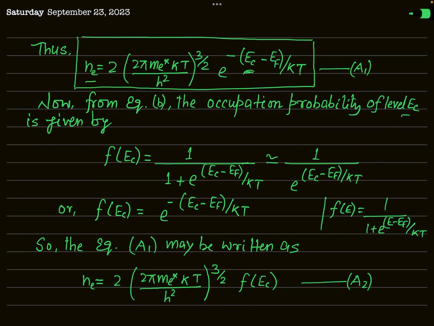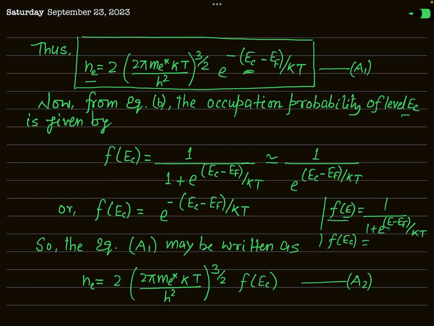Here, F(E) measures the probability of finding an electron in energy state E. So if I ask you, can you find the probability of finding an electron in energy state EC, then what will be that probability?